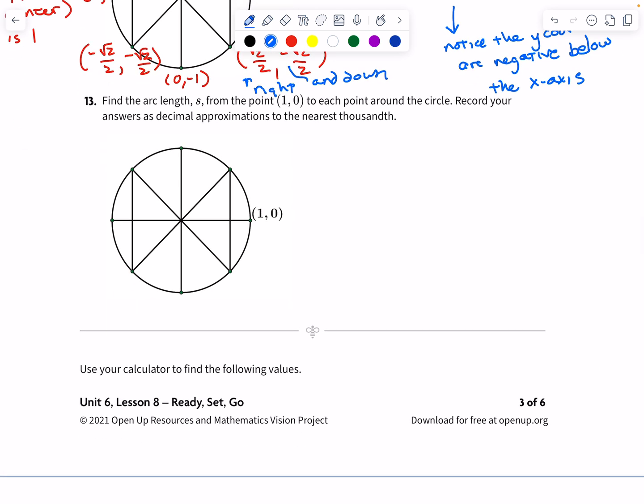Okay, arc length. Arc length is radius times radians. Okay, because of the 1, 0, we know the radius is 1.